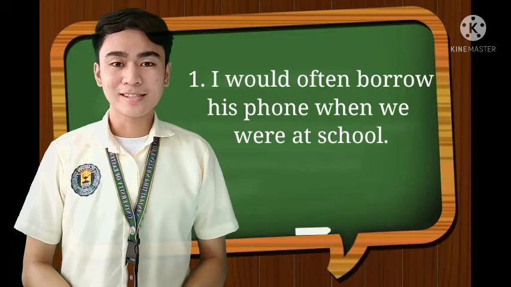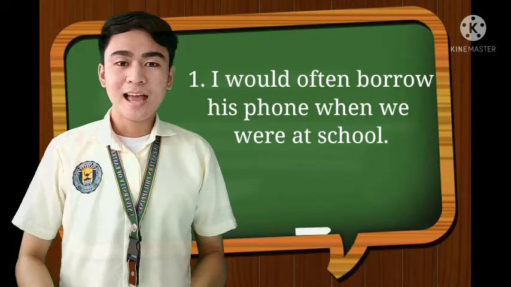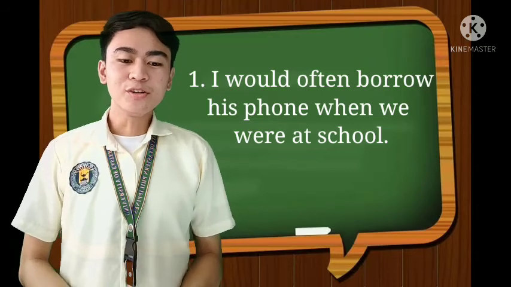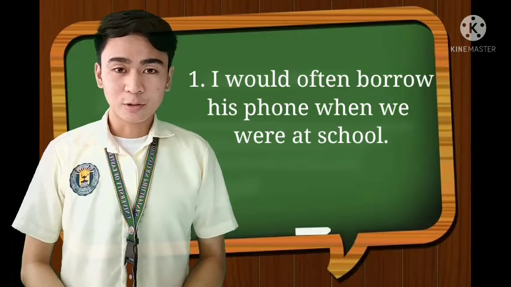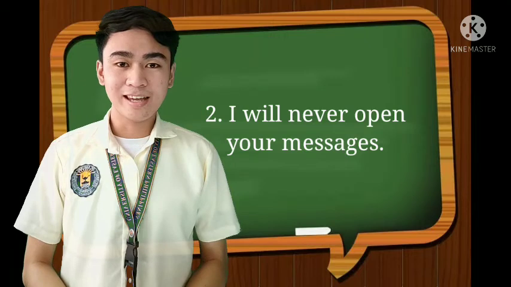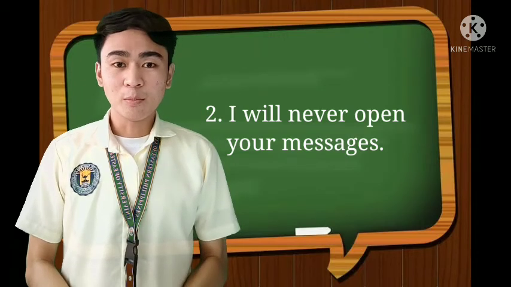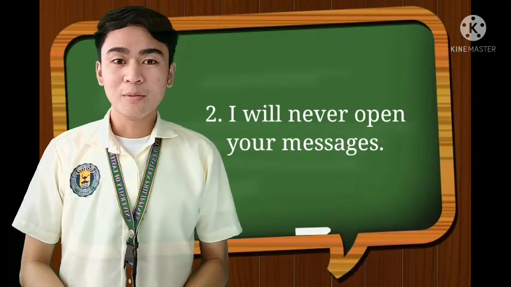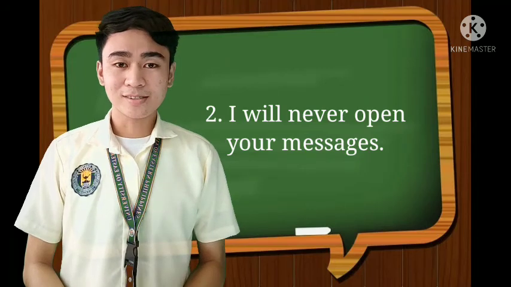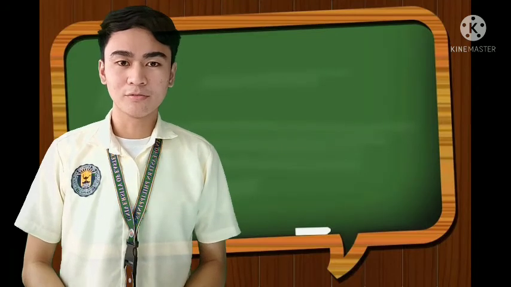That indicates that a person has a habit of borrowing someone's phone when they were at school. Another example is, I will never open your messages. The modal will indicates that a person promises not to open the messages on someone's phone. So that's the fourth category of modal verbs.